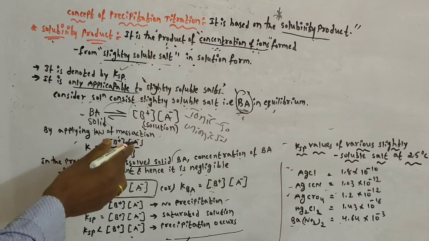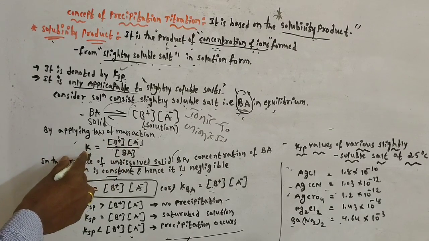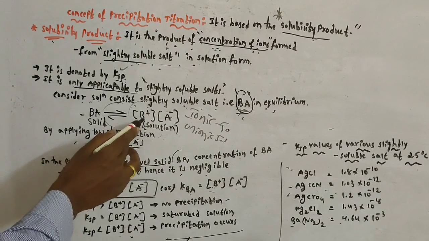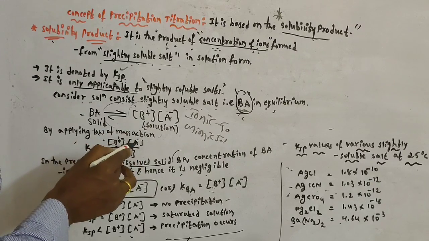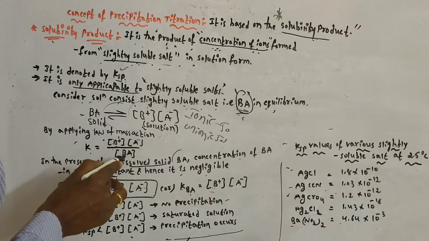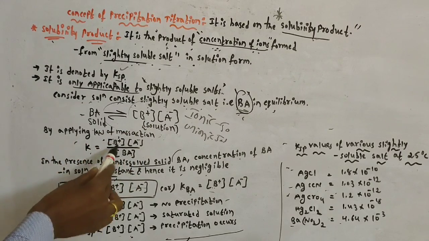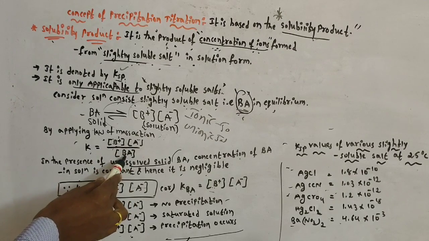By applying the law of mass action, the equation will be K equals the concentration of B plus times the concentration of A minus, divided by the concentration of BA. The concentration of BA is the concentration of the undissociated form.